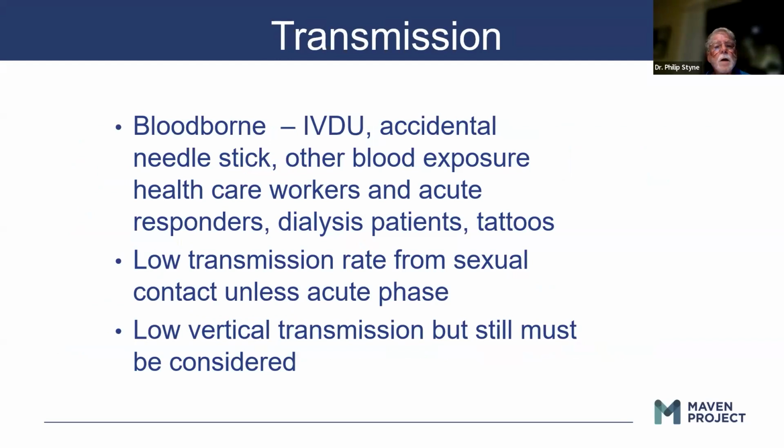Transmission is bloodborne, but again, there are lots of ways of getting bloodborne. Sexual transmission is relatively low unless in the acute phase. In the acute phase, sexual transmission is a little higher in this young spike that we have, but it's still not very high. Vertical transmission from mom to baby has been sort of considered not to be a big deal, but I think we're recognizing it a little bit more.